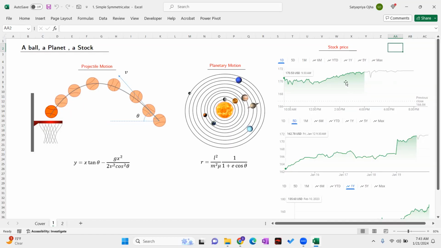So all we need to do is devise an equation that has some kind of randomness in it. These two equations do not have any randomness, they are exact. But in the case of stock price, we have to create an equation that has built-in randomness. Maybe then we can do some justice to this evolution.